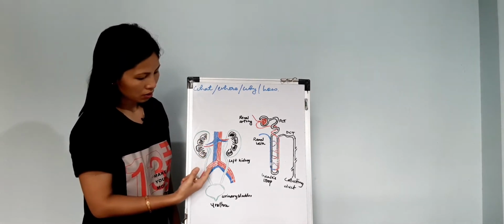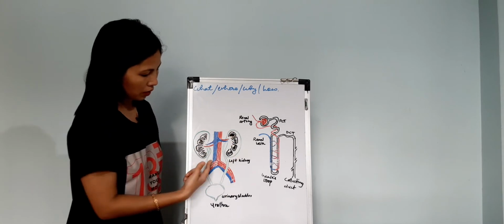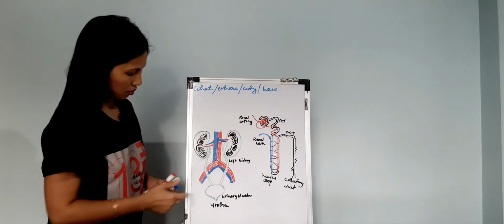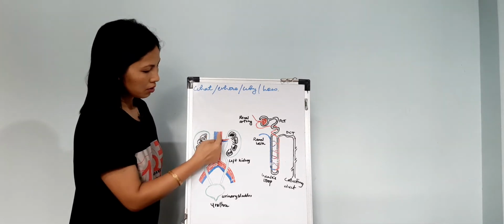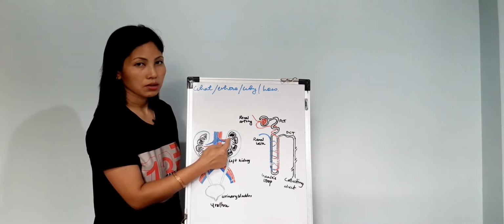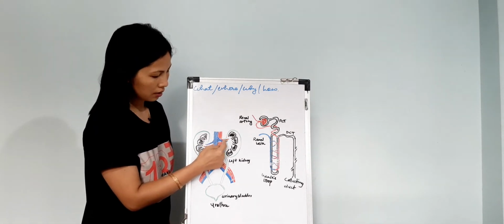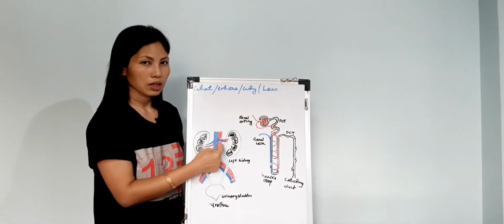You can see here the renal artery and the renal vein. The renal artery, which is in red color here, brings the impure blood, and the renal vein takes away the filtered or clean blood.